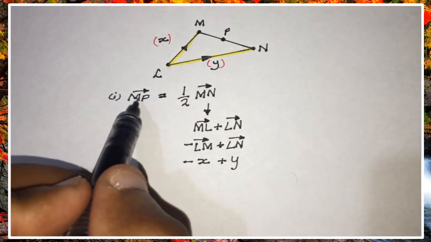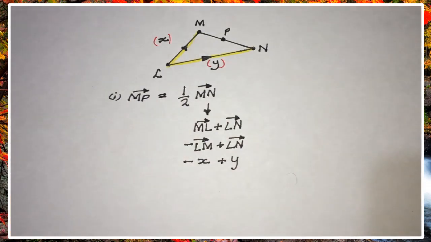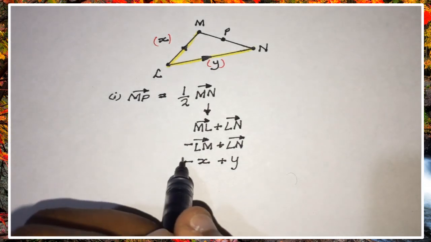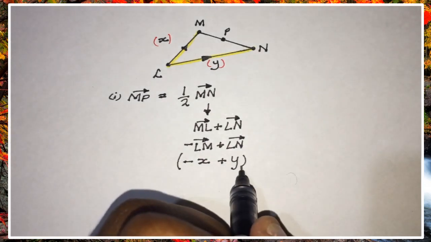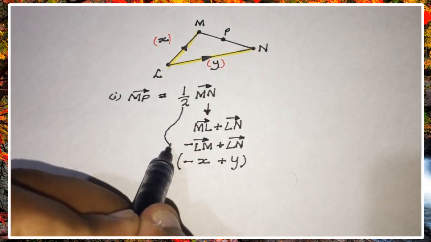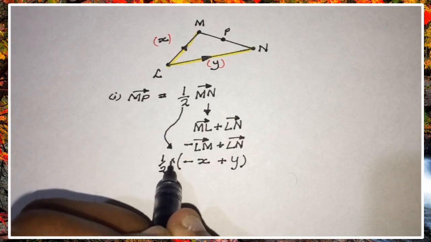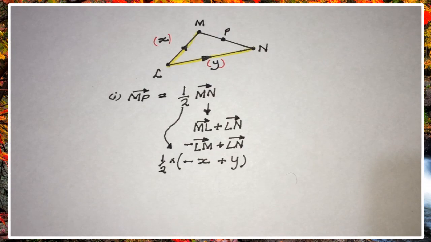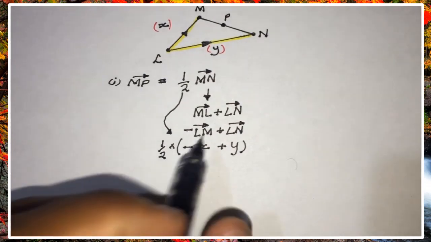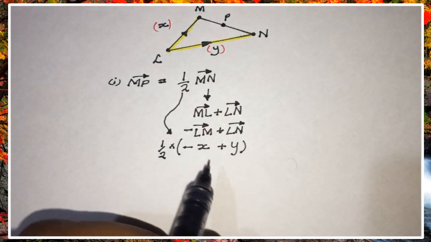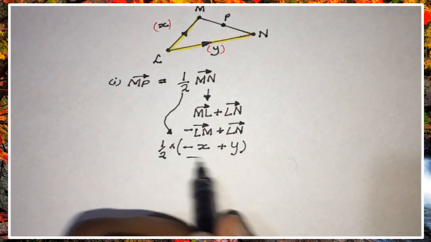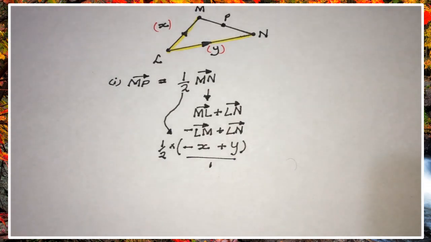But remember, we want to find M to P, which is half of that. So what I need to do now is to bracket all of this and bring down this multiply by a half. So all I would have to do now is to multiply the entire bracket by a half. So I could treat this bracket as a whole number and divide it by 1.